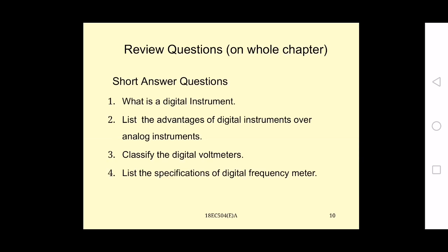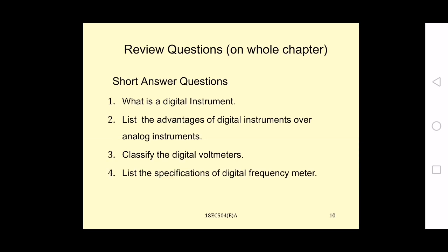Whenever the ramp reaches the ground signal, the ground comparator will give the stop signal. Between the start and stop signals, the gate counter counts the number of pulses, which is given as a direct measurement of the analog quantity. So that is the principle of operation of the ramp type digital voltmeter.